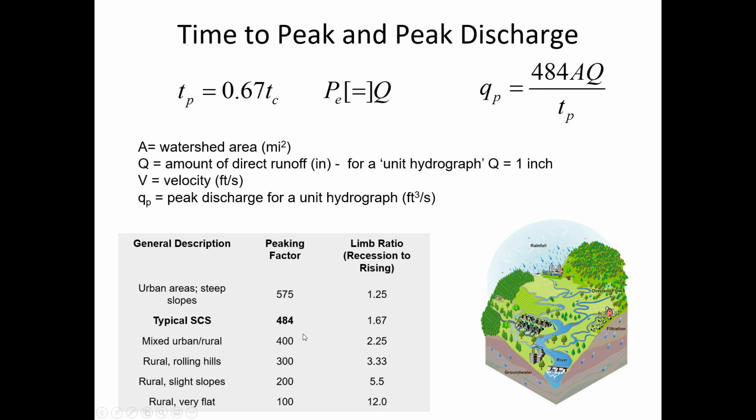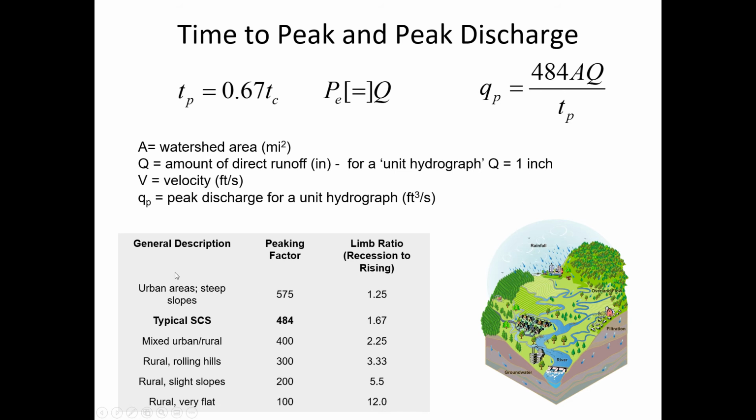It's known as the peaking factor for typical SCS characteristics. And if you have a really flat watershed that is rural and has an abnormally high potential for infiltration and slow time to peak, then you could bring that peaking factor down as low as 100.